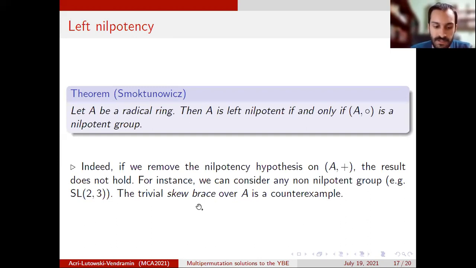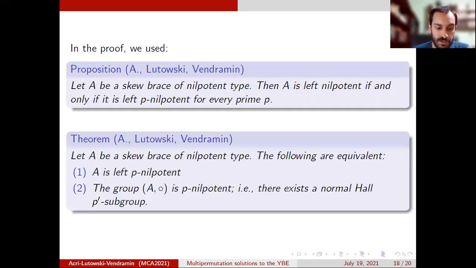Well, we pick a non-nilpotent group as additive. We proved this result from a different viewpoint, which is more conceptual, and we made use of these two results. First, the left nilpotency of the skew brace is equivalent to a notion of left p-nilpotency for every prime p, as we did for the right nilpotency case.